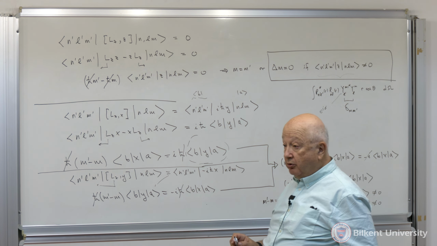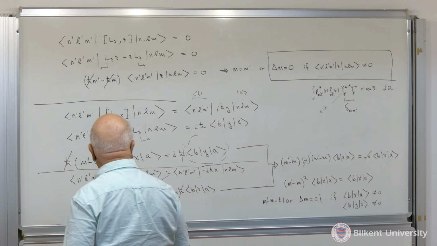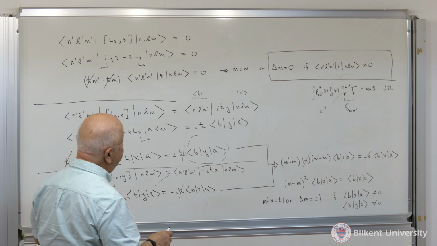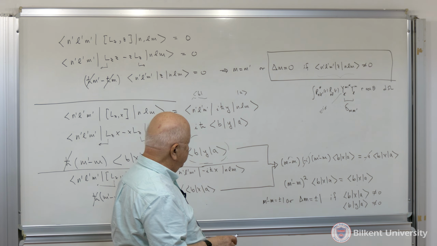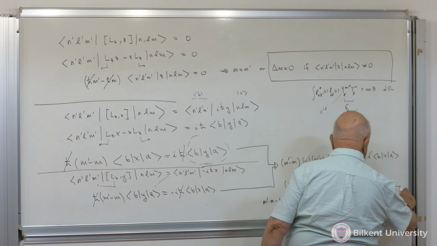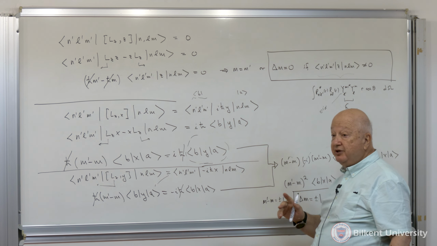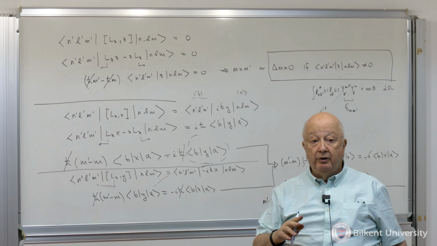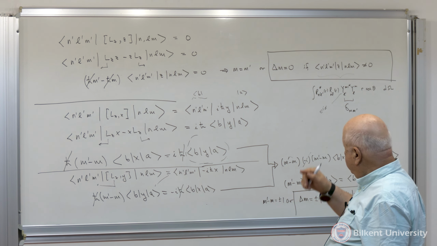So you see, if we are looking only in the z direction, we could have missed these things. But this says that I can have transitions between two states.